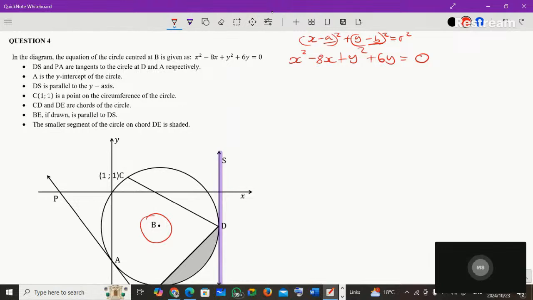Now we will add the square of half of the coefficient of the linear terms on the left hand side.